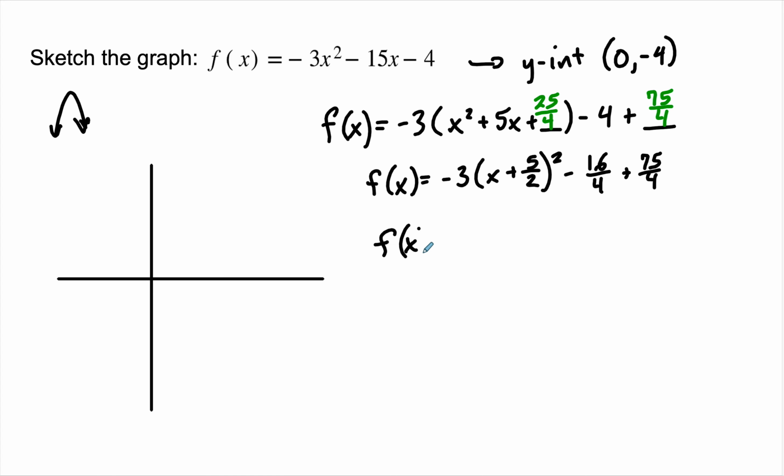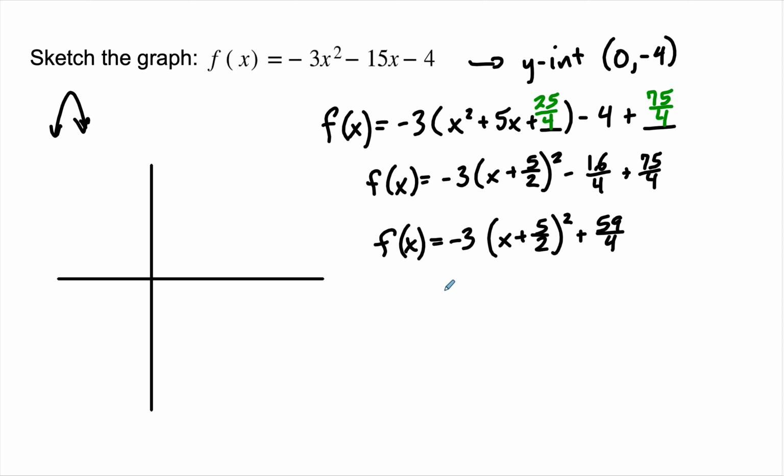Let's write this again. We're going to have negative 3 times x plus 5 over 2, quantity squared. And remember, I'm adding this because it's really negative here. But 75 minus 16 will leave us with plus 59 over 4. Okay, so we'll talk about that number in a second.